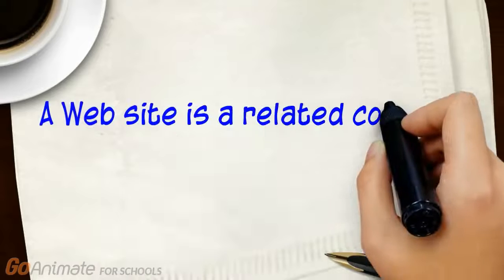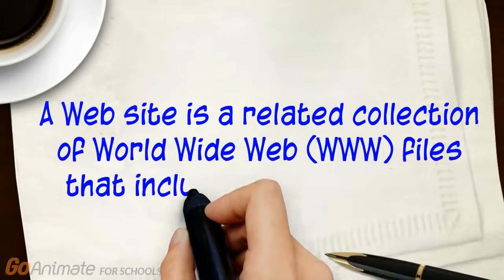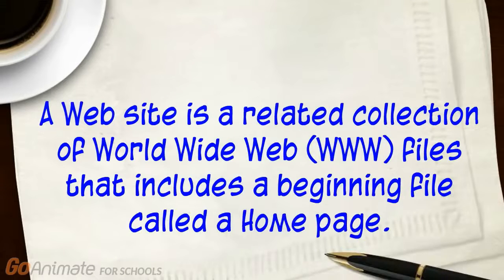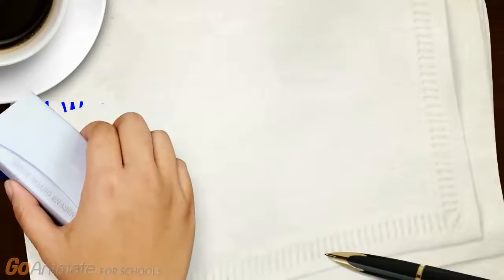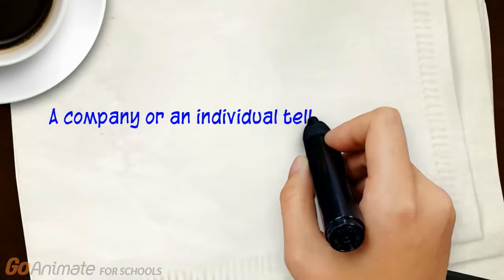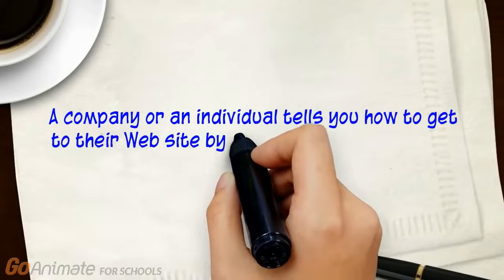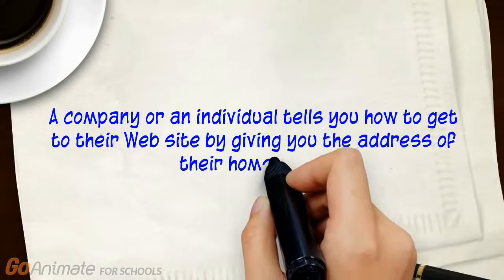A website is a related collection of World Wide Web (www) files that includes a beginning file called a home page. A company or an individual tells you how to get to their website by giving you the address of their home page.